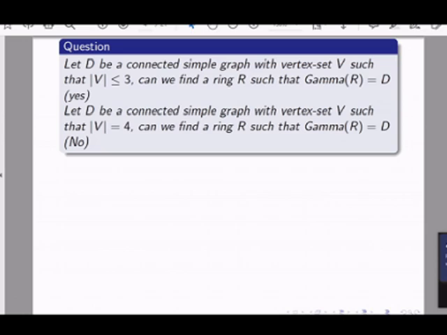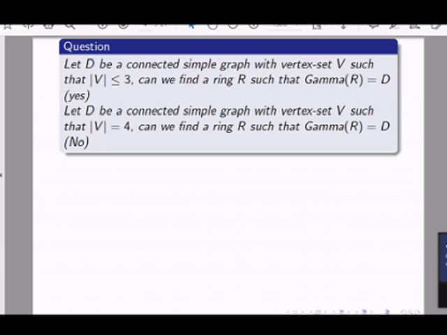Here are the things that will be of interest when you study the graph. Here is the first question. Let D be a connected simple graph with vertex set V, and you allow the number of vertices to be less than or equal to 3.